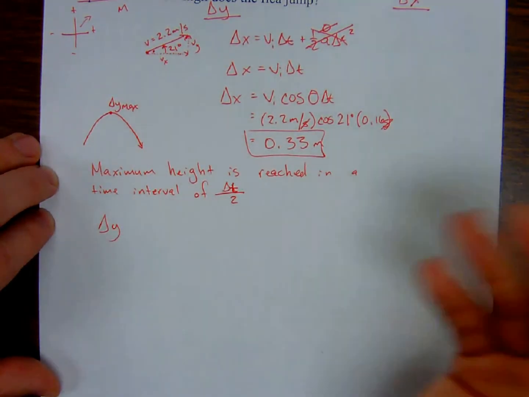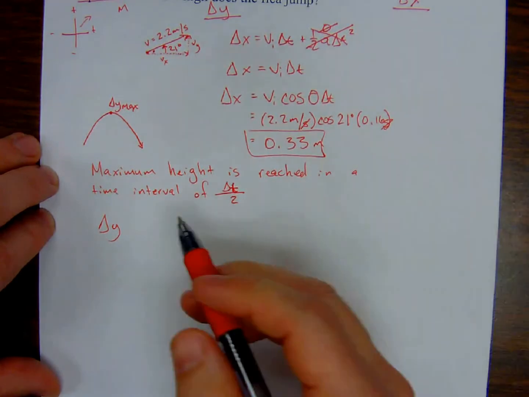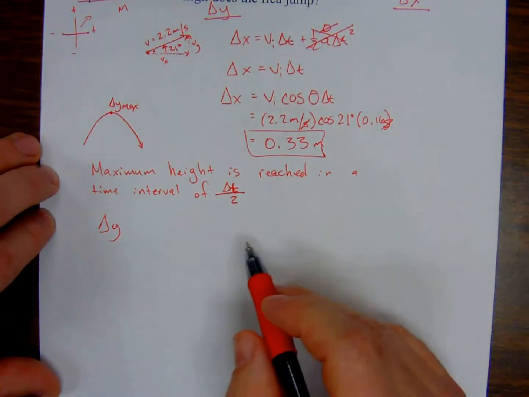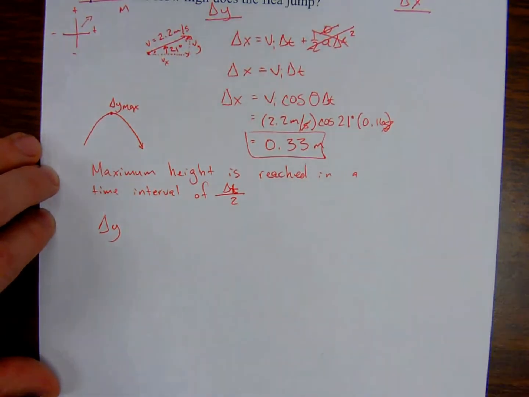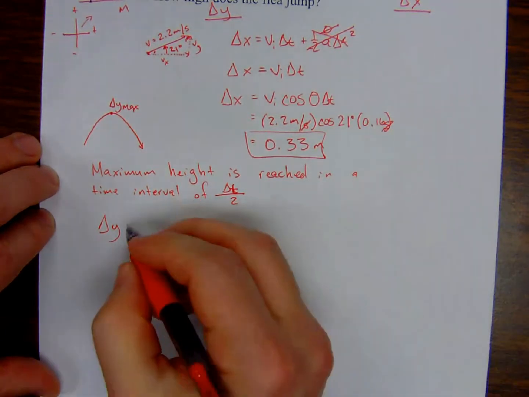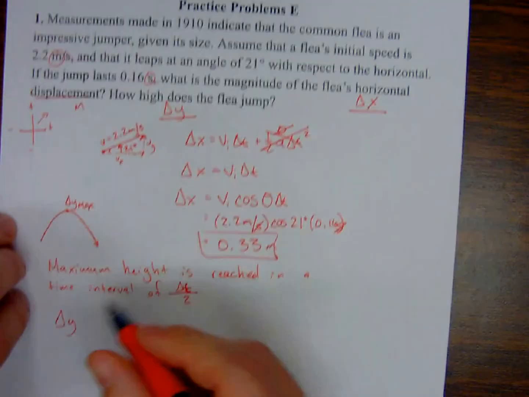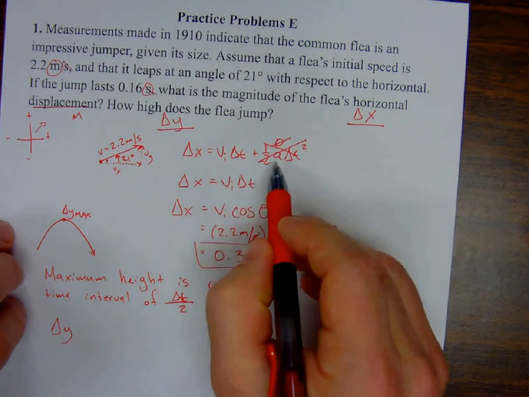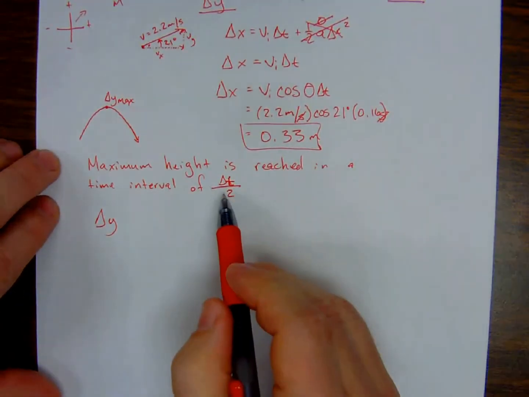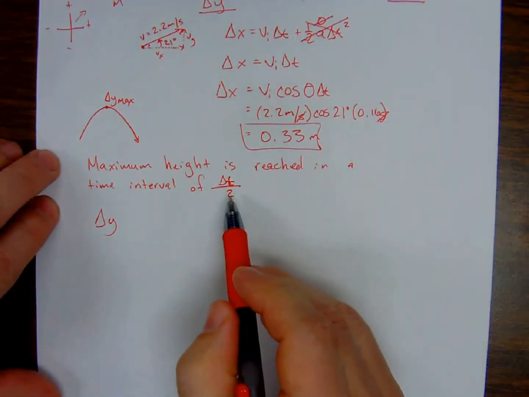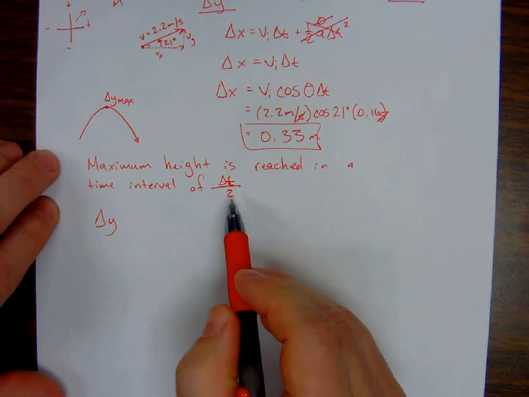We're looking at something that has a time interval of 1/2 our time interval. So we're looking at delta y max, and we're going to be using the kinematic equation that looks like this, because it has the values that we need.